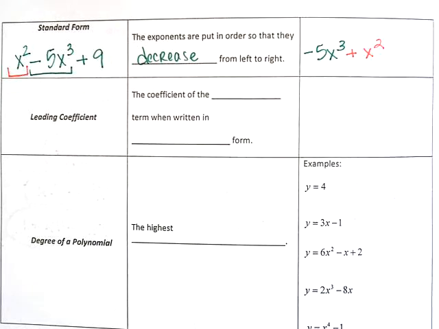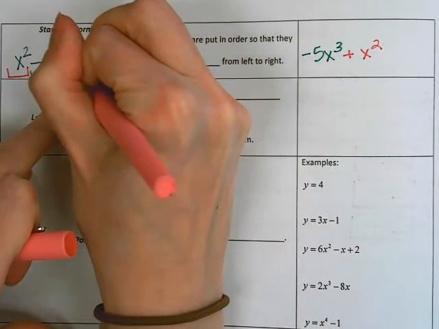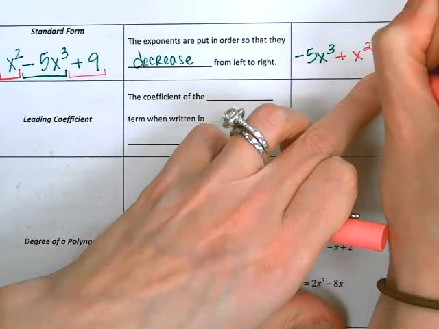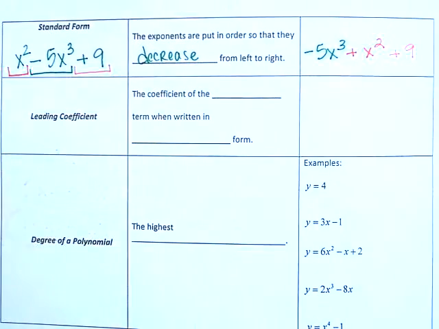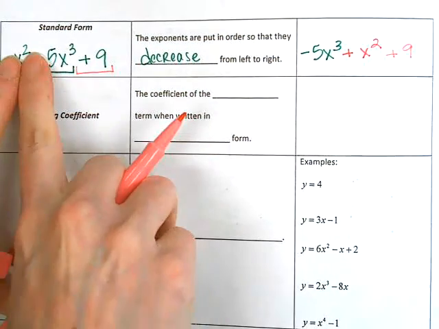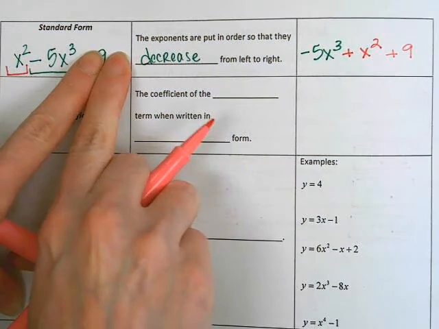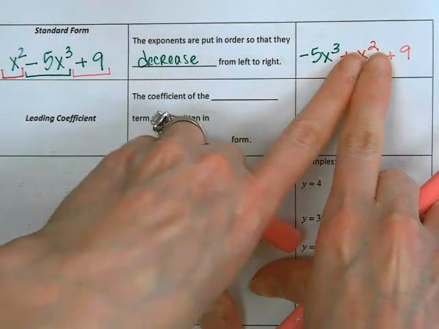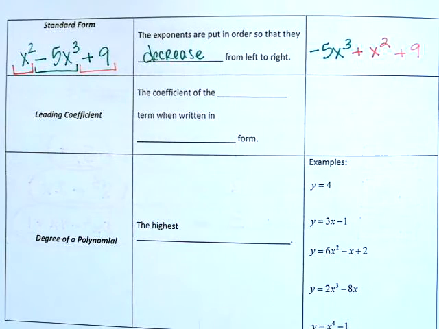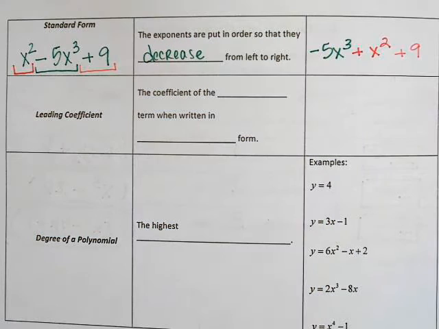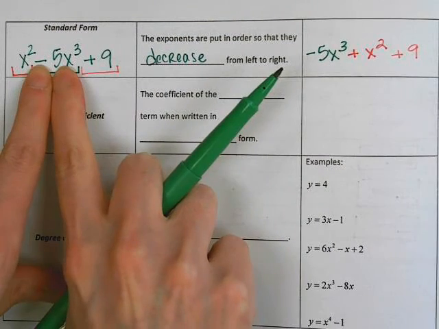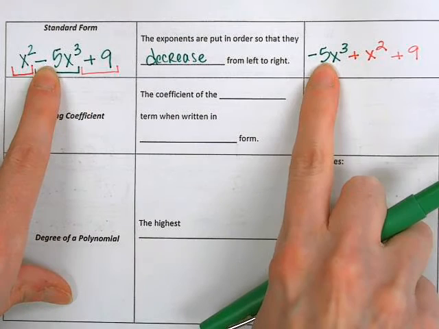And then the number that doesn't even have an exponent, the plus 9, that's going to be last. So see how it went from 2 to 3 to nothing? We want it to go 3 to nothing. That's called standard form. And make sure you keep the sign and the number in front of the term that you're moving.